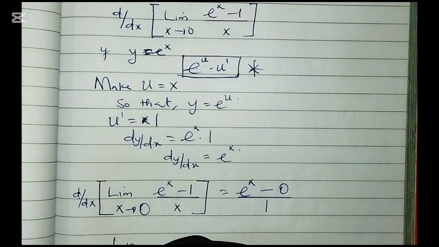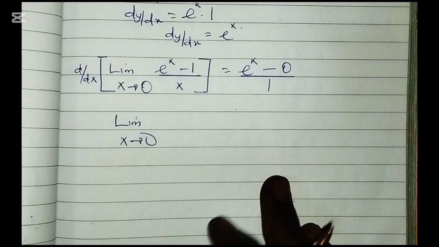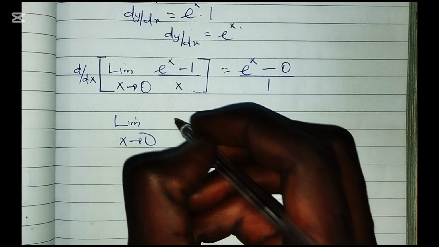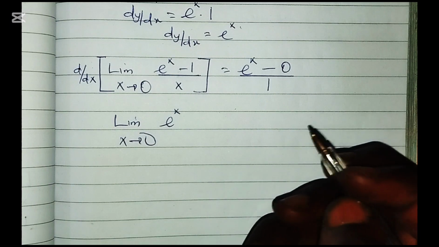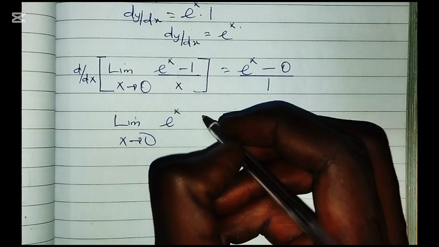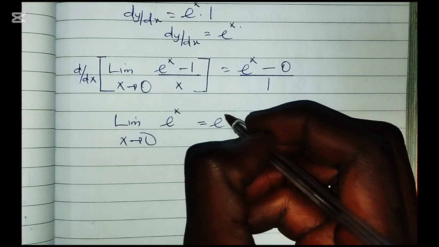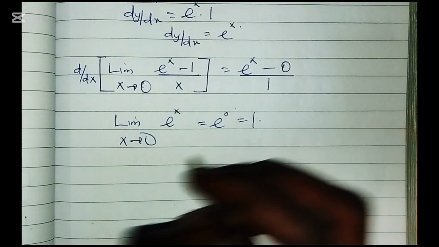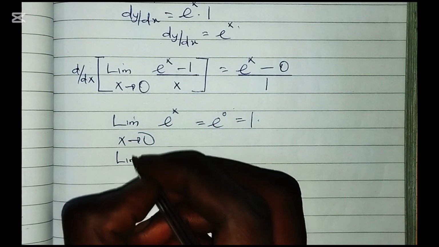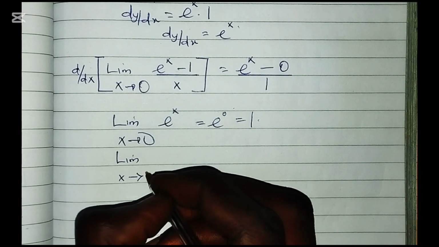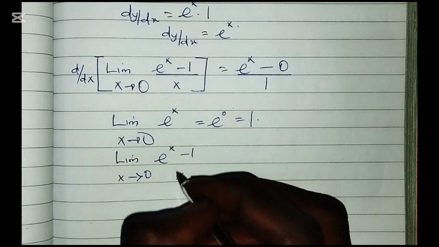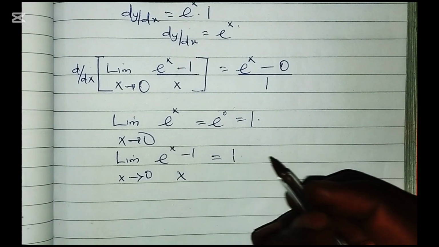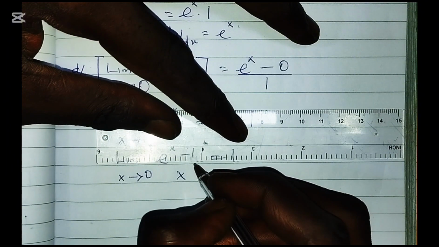We have the limit as x goes to 0 of e to the x. Now all we have to do is put x at 0. By putting x at 0, we have e to the 0 equals 1. So the limit as x tends to 0 of e to the x minus 1 all over x equals 1, also by using L'Hopital's rule.